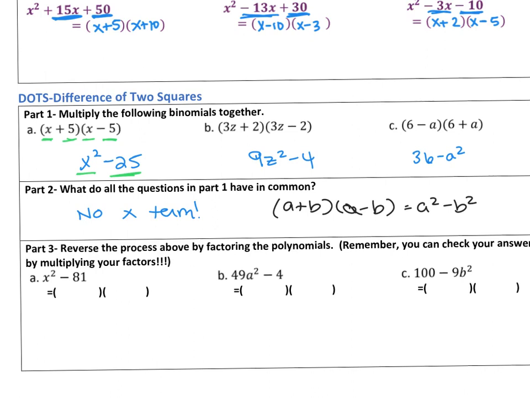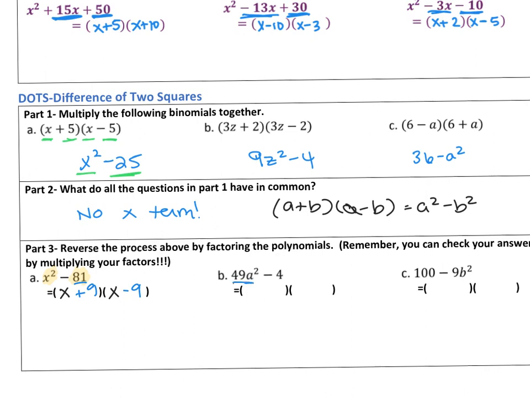So if I know that this is a squared and this is b squared, that means a has to be x, because x times x gives me x squared, and b has to be 9, because 9 times 9 gives me 81. And again, one has to be plus, one has to be minus.